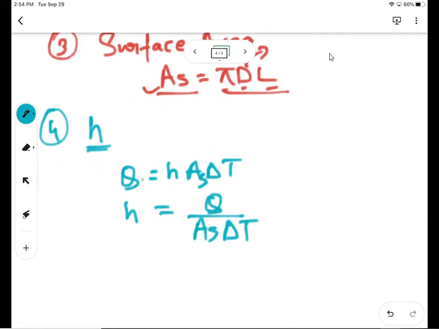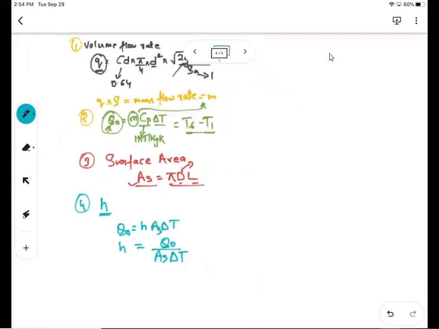Q is nothing but Q0, which we found out earlier. You need to substitute this value over here.